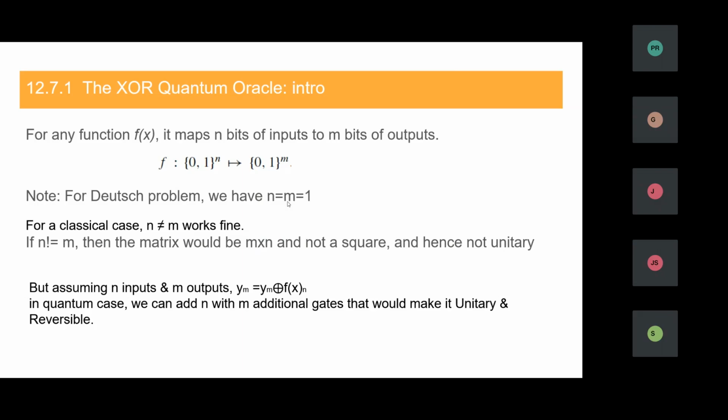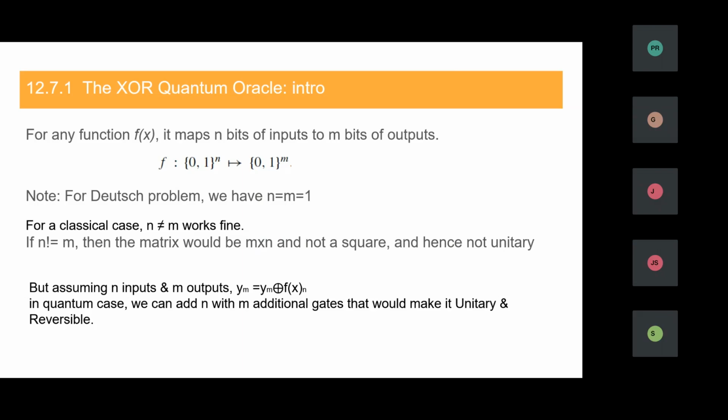Notice that if there is a classical implementation using classical gates, n not equal to m is all fine. You could have a gate which takes 3 inputs and produces 1 output, or a gate which has 4 inputs and produces 2 outputs. All that is very much possible in classical logic. But the moment you talk about quantum implementations, we have an issue.